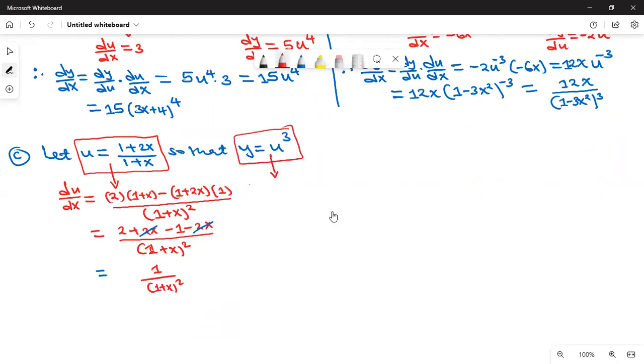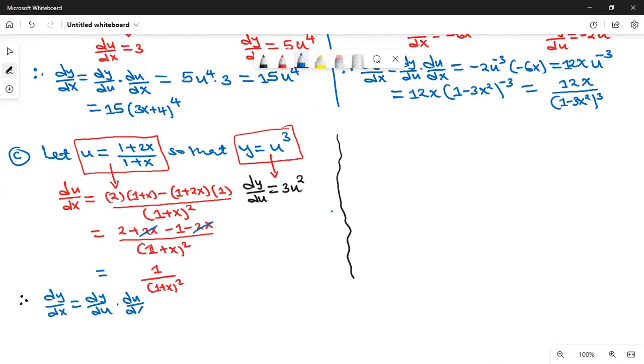So similarly, dy du, a correction there. So you write dy du, that is the same as 3 times u squared. So now we can use the chain rule to find dy dx. Therefore dy dx is the same as dy du times du dx.